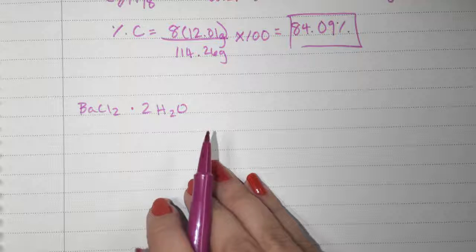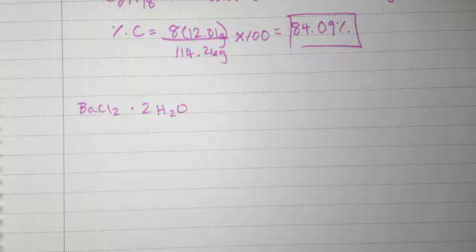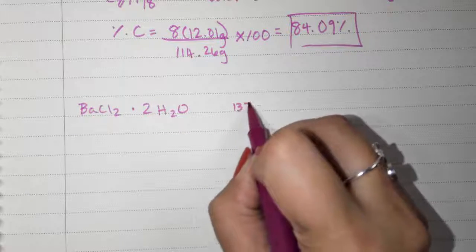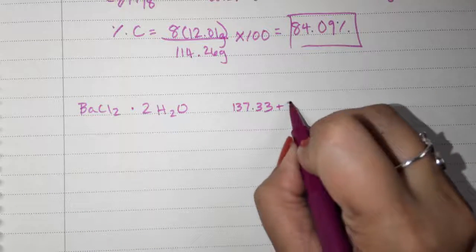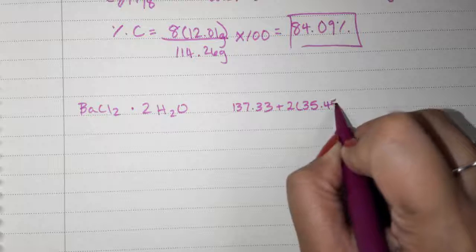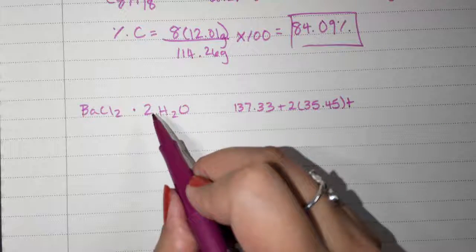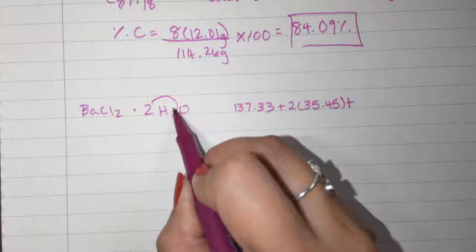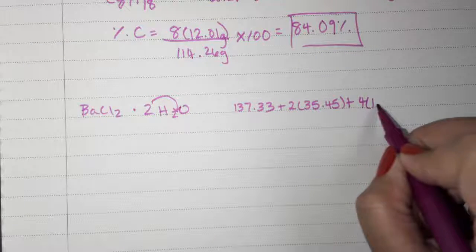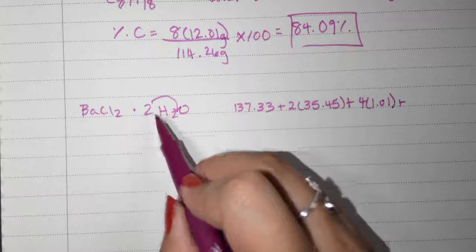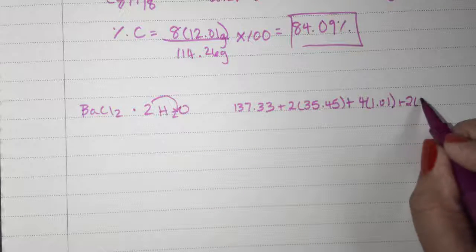So I know that barium's overall mass is, I believe, 137.33, and that's barium, plus 2 times chlorine's mass, plus, and then remember to FOIL this out, so 2 times 2 is 4 hydrogens, plus 2 times 1, which is 2 oxygens.